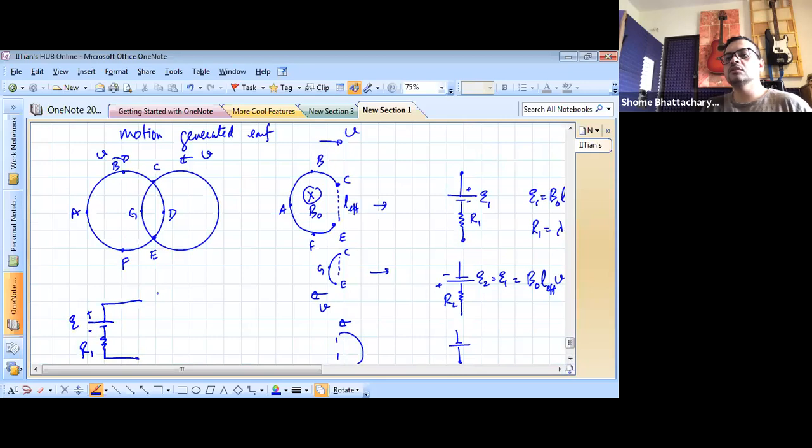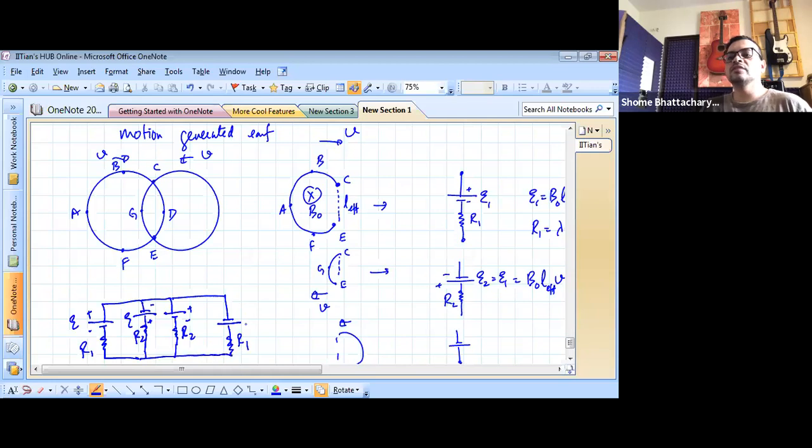Then this portion is replaced with a cell like this, different distance. This portion is again a cell like this, resistance same as this side, and finally this portion like this, resistance R1.